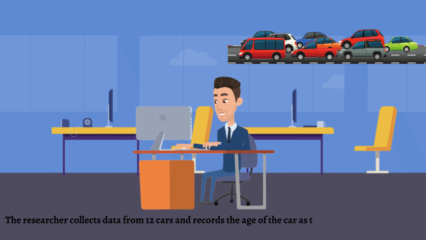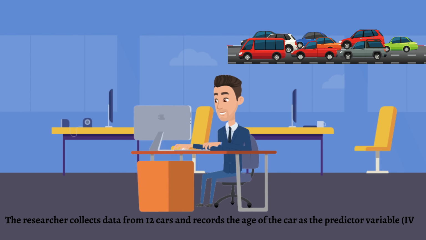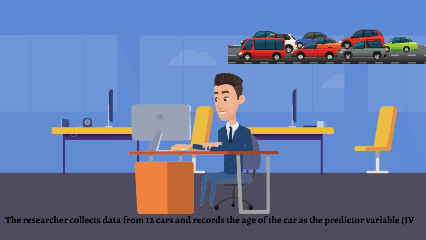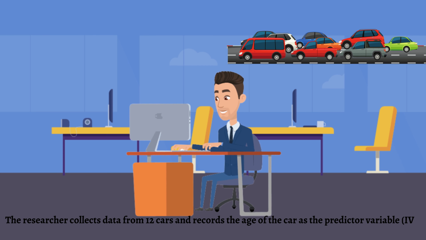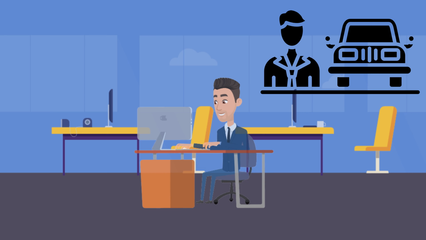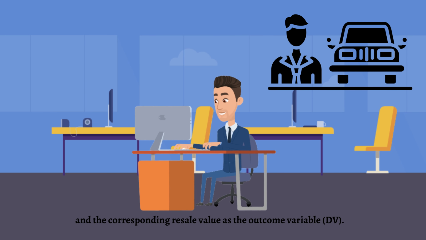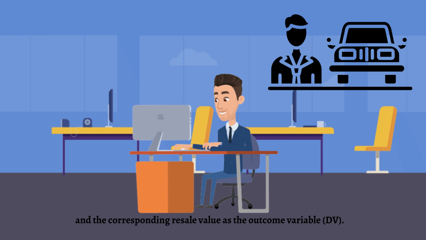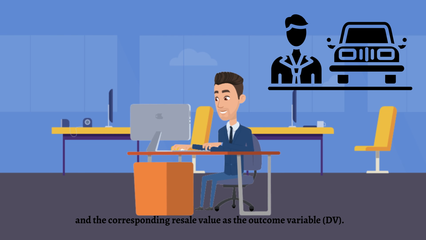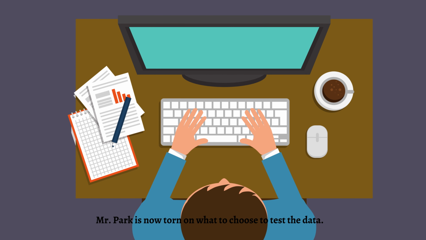The researcher collects data from 12 cars and records the age of the car as the predictor variable, independent variable, and the corresponding resale value as the outcome variable, dependent variable. Mr. Park is now torn on what to choose to test the data.